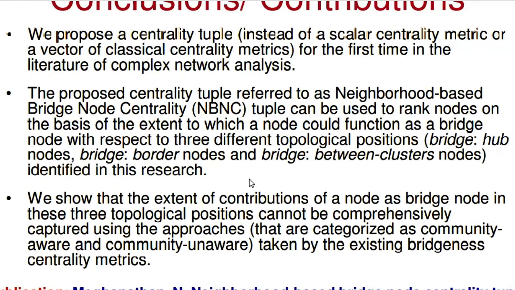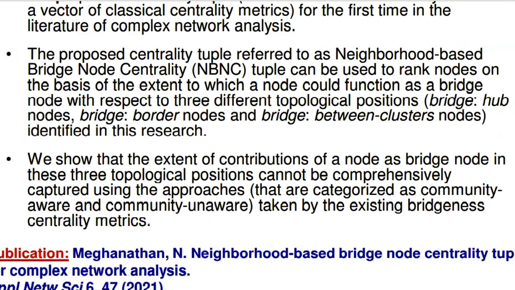So this approach captures all these three roles comprehensively. It is also locally computable, so we don't need global knowledge. And it can also be an alternative to clustering or community detection algorithms. It can be used to identify the number of clusters or communities in which the neighbors of a node can be part of, without running any community detection or clustering algorithm. So that way, it's also a unique idea.